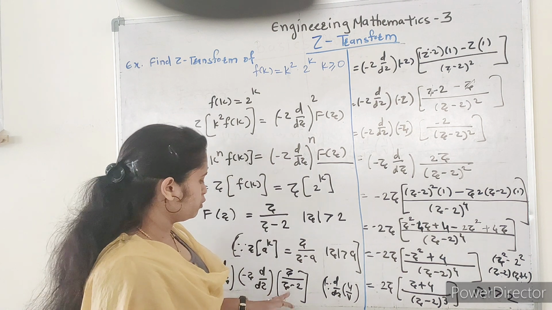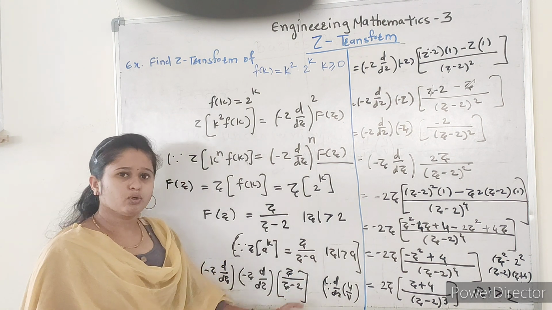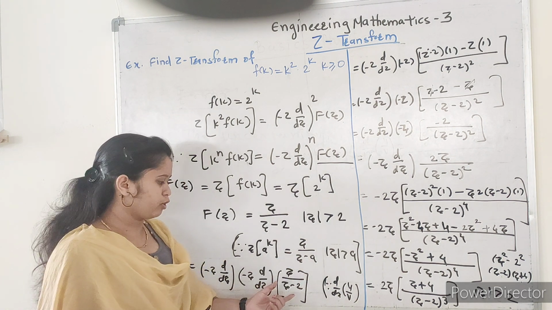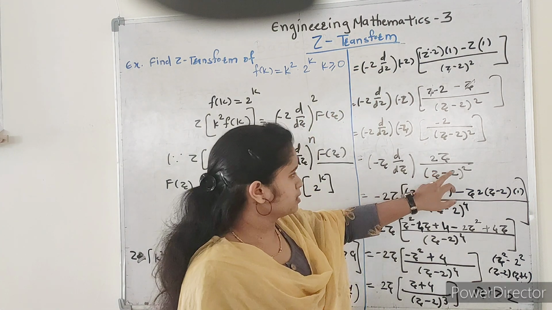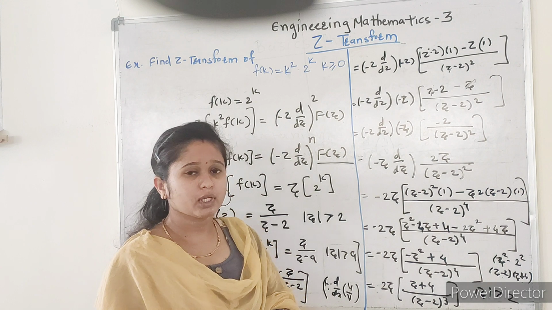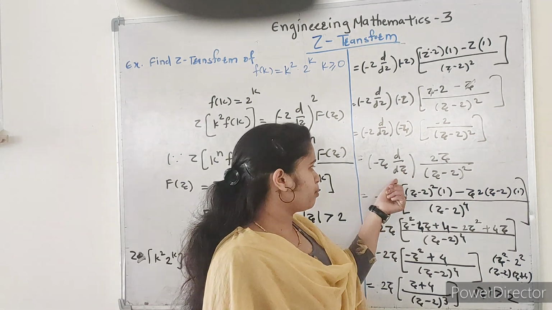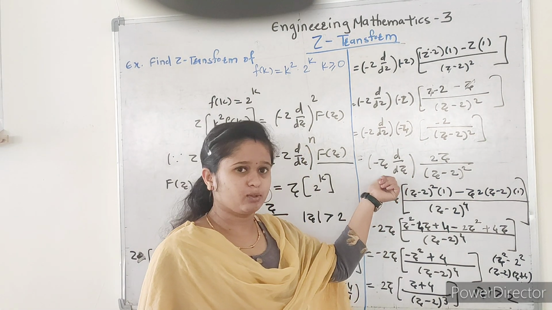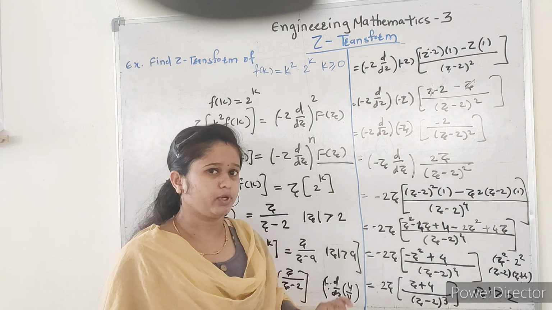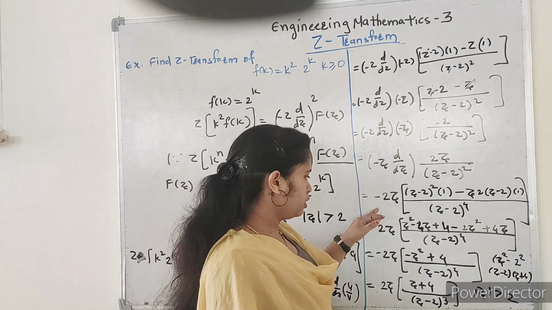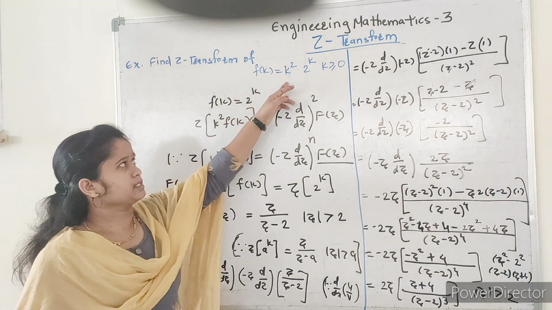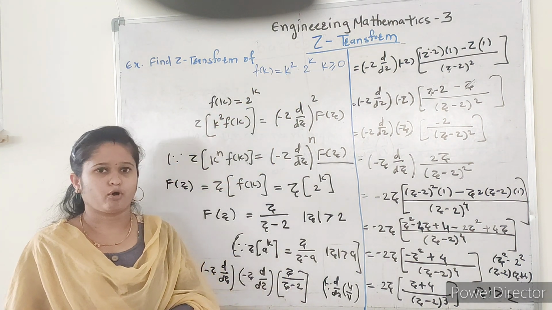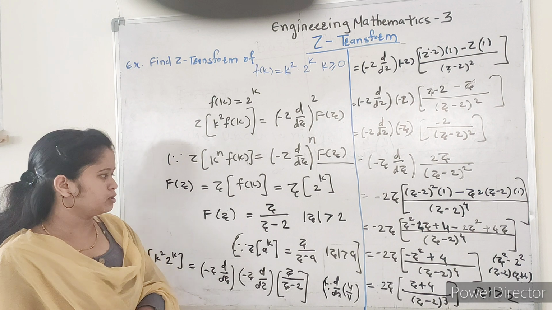So for the first derivative we use the u upon v rule for solving this derivative. So we get this derivative. Now after that we apply the second derivative by using the same u upon v rule. So we get the z transform of this sequence k square into 2 raised to k for all values of k greater or equal to 0.